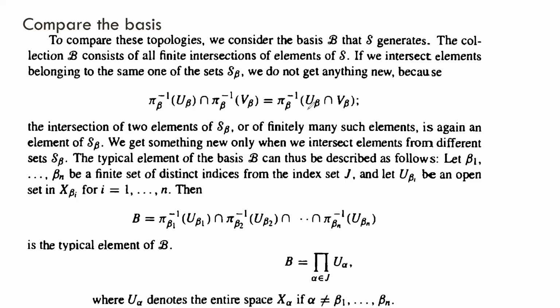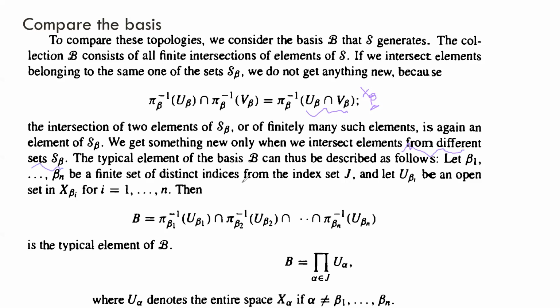Because U beta intersected with another open set is also an open element in the space X beta. So if we want something new, we need to intersect with elements from different sets X beta.